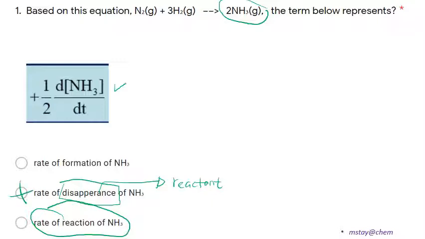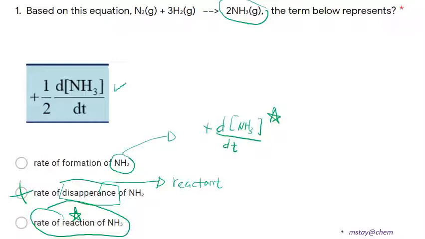So if you want to relate with the rate of formation, the correct term to write is plus d[NH3] over dt. Rate of formation of ammonia means that we only focus on the change of the concentration of the ammonia. But if it is about the rate of reaction, we have to consider the coefficient of the substance.